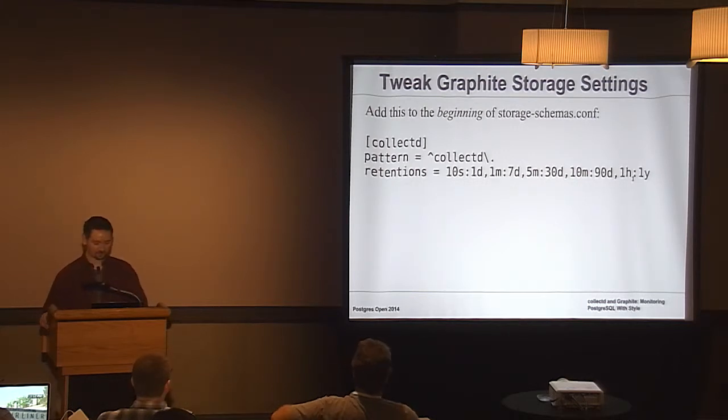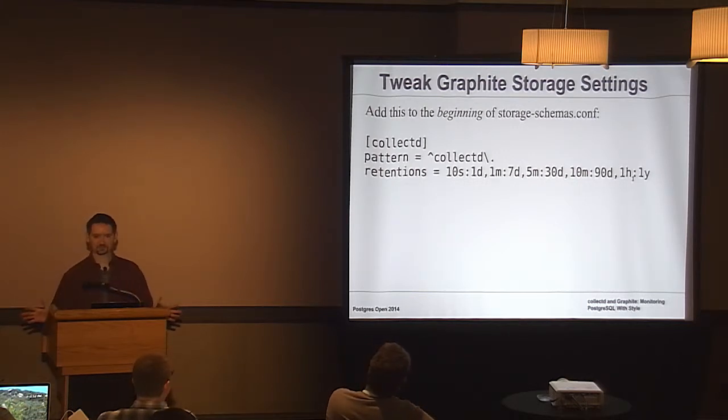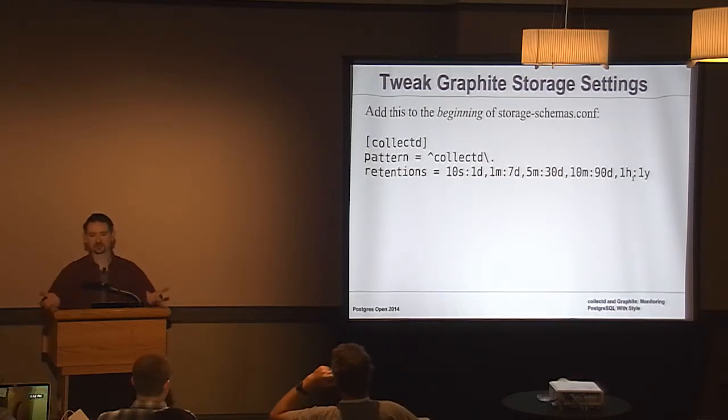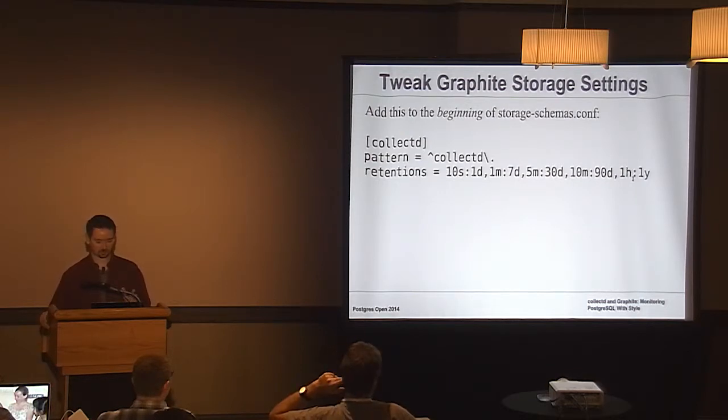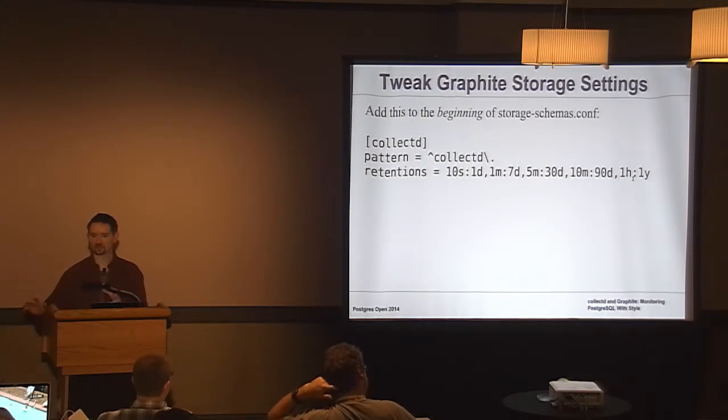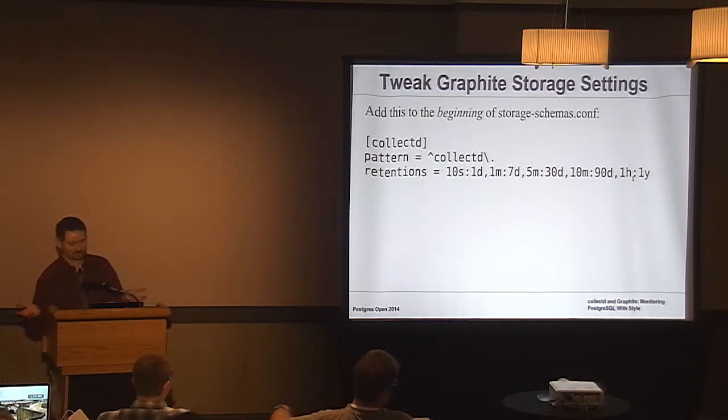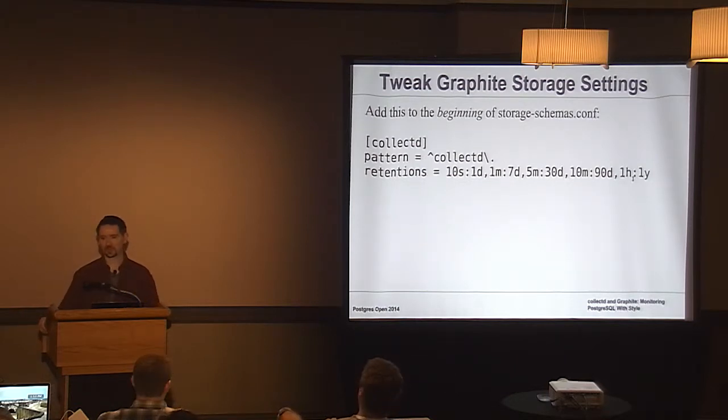The pattern I set up, to give a better default granularity, is: for one day you get 10-second granularity. For 7 days you get 1 minute granularity. For a month you get 5 minute granularity. So it's slowly degrading, but not to the point where it's unusable. And for your 1 year graphs, you have 1 hour summaries.